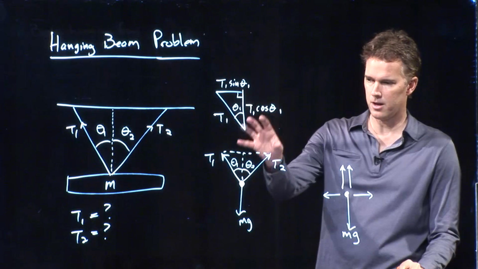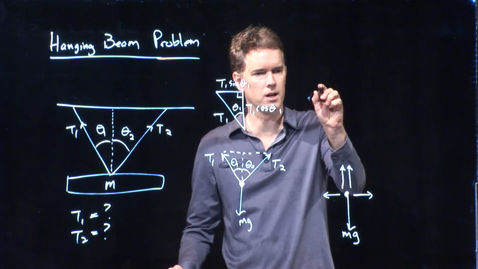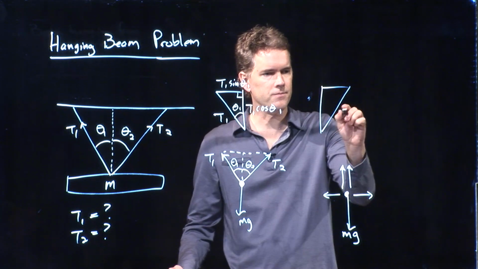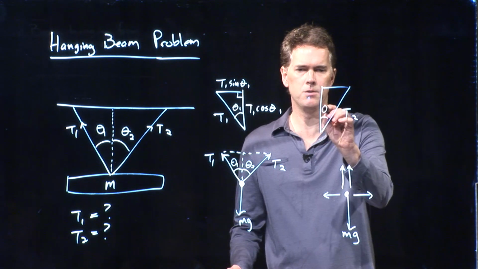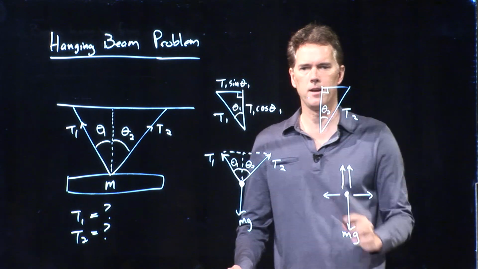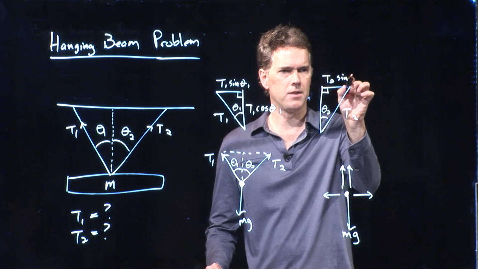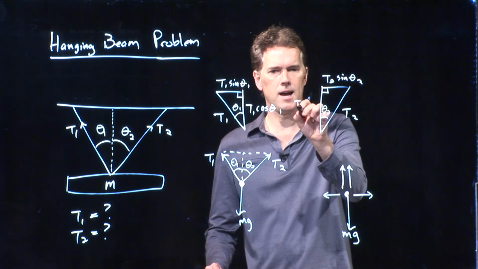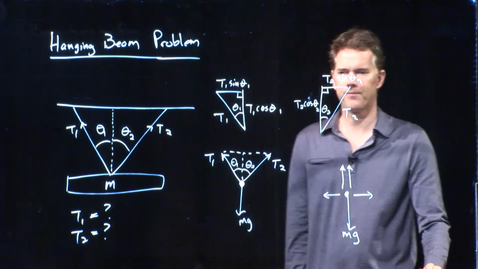We can do the same thing for the other triangle for T2. T2 is going to look like that. And if this is theta 2, and that's our right angle, then the top is T2 sine theta 2, and the left side is T2 cosine theta 2.